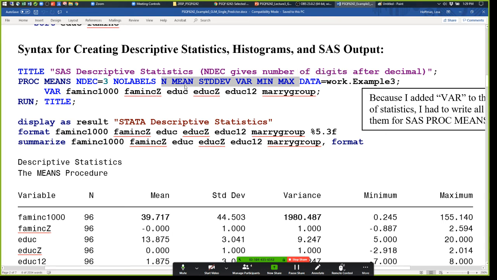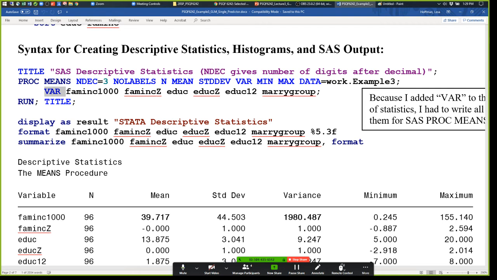N means number of values, mean, standard deviation, variance, min and max, and I say variance because this var right here is not the same as this var right here. The latter means what? Variable. Meaning this is where you list the columns that you want information about.